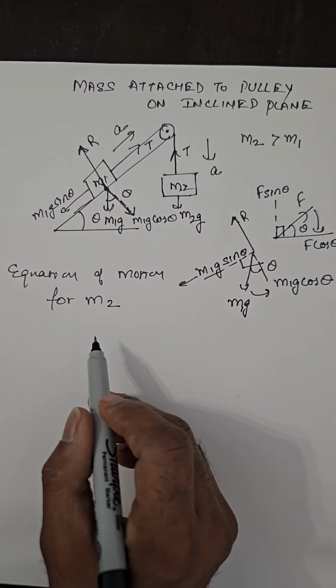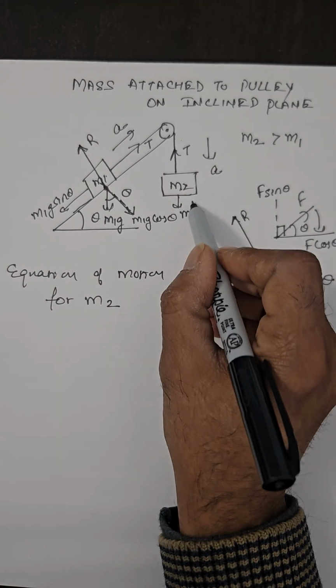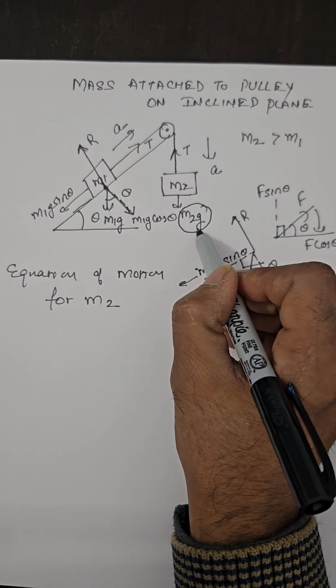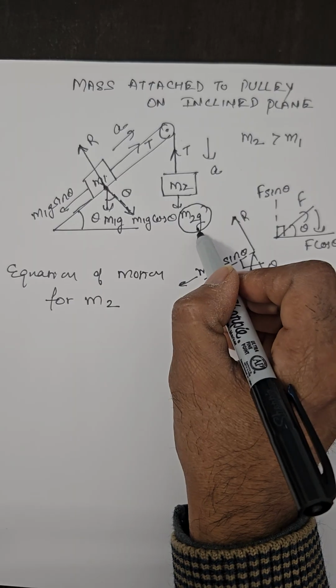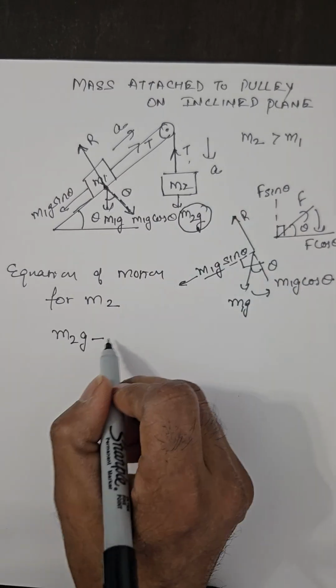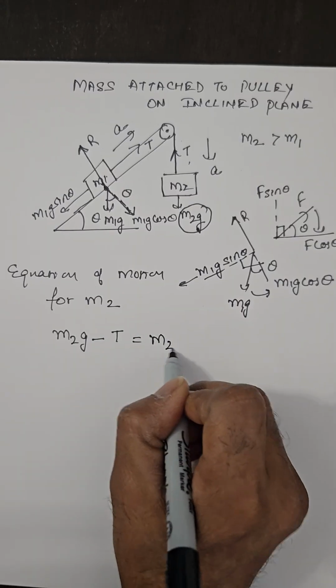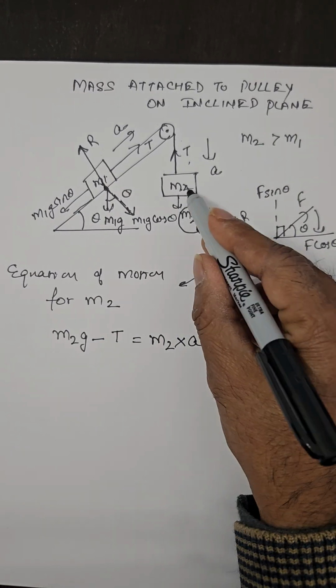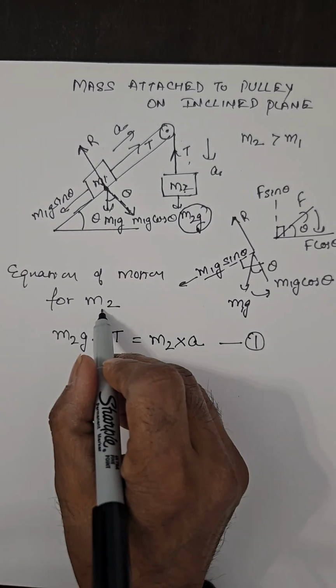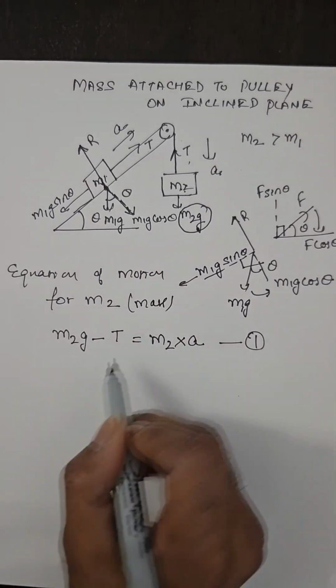It's easy, you know acceleration is acting downward. So from my previous concept and previous videos, m2g is dominating over T. So I can write m2g minus T is equal to m2 into acceleration, this mass into acceleration. So this is my equation of motion for mass m2, right?